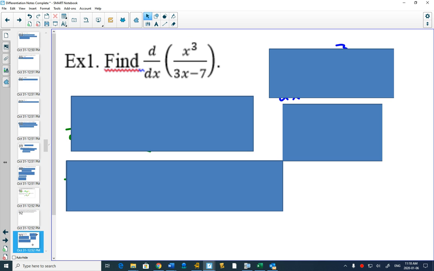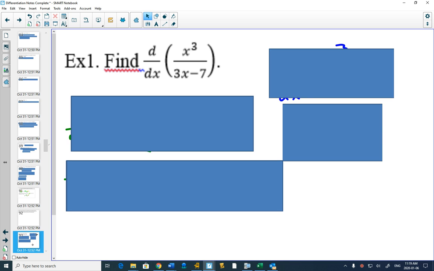So what does it mean? Find, okay, this notation, d dx means the derivative of what's in the brackets. So find the derivative of what's in the brackets, and we can do this all at once.